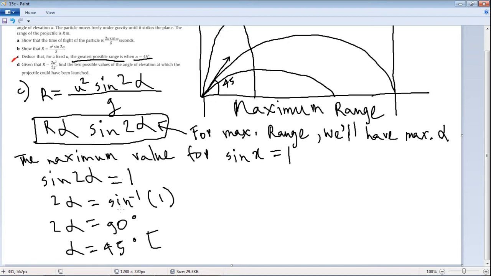We will take only this value. It might be 90 or 180 degrees, any value, but they have asked us to find the acute angle, since alpha is an acute angle.